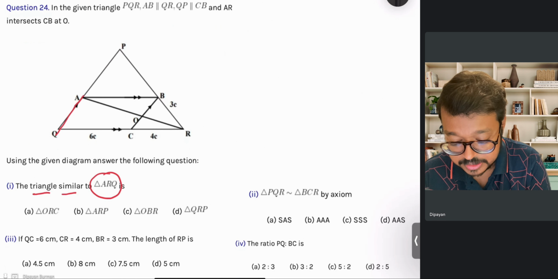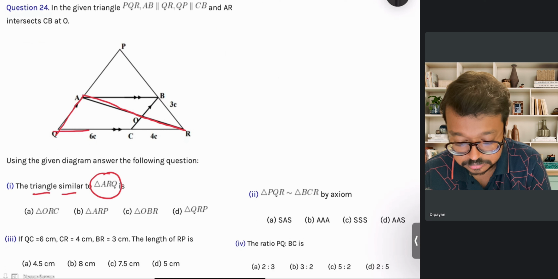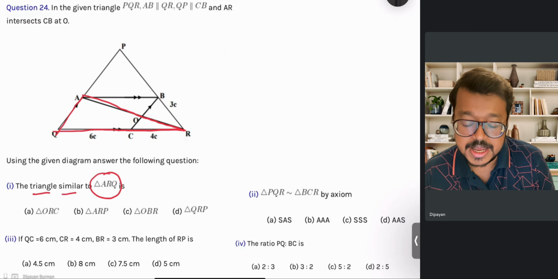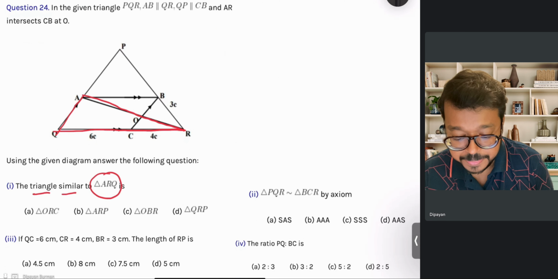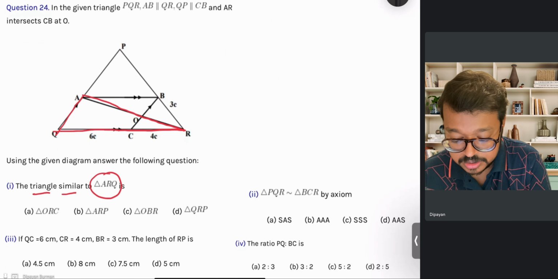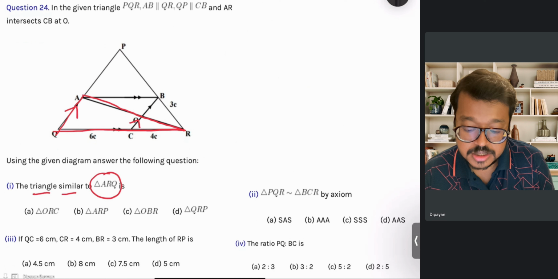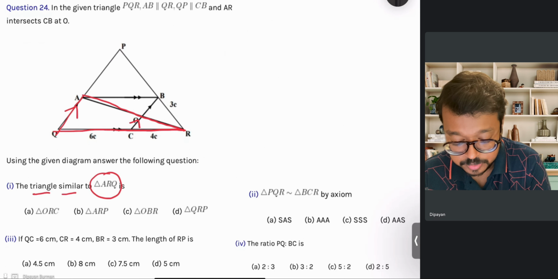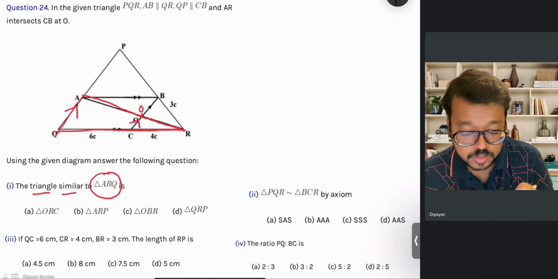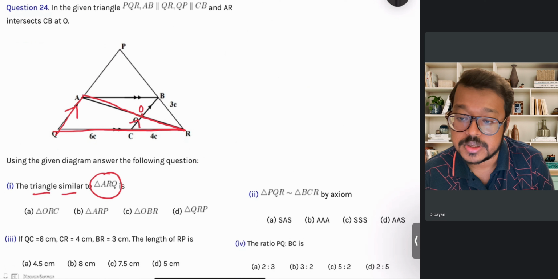We have ARQ over here. And it's given that this is parallel to this. So if we have triangle ARQ and this is point O, OC parallel to AQ is given.